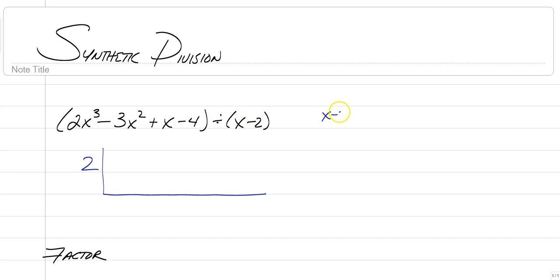So x minus 2 is equal to 0, so x is equal to 2. So you put the solution to what you are dividing by in front. And then inside you put just the leading coefficient of each term. So we have 2x cubed minus 3x squared plus 1x minus 4.